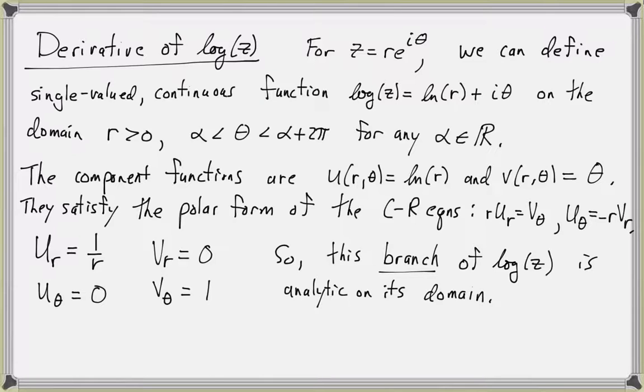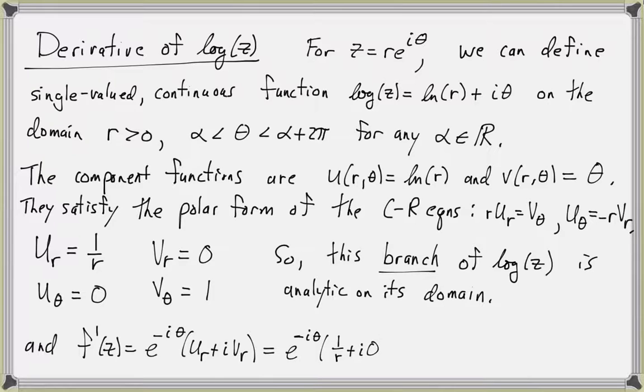Now, when we developed the Cauchy-Riemann equations in polar form, we came up with a formula for the derivative: f prime of z was equal to e to the minus I theta times the quantity du dr plus I dv dr. And so by substituting, we get e to the minus I theta times quantity 1 over r plus I times 0, and this equals 1 over r e to the I theta.